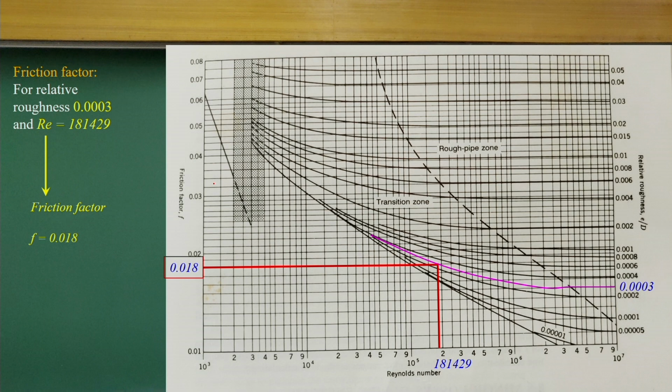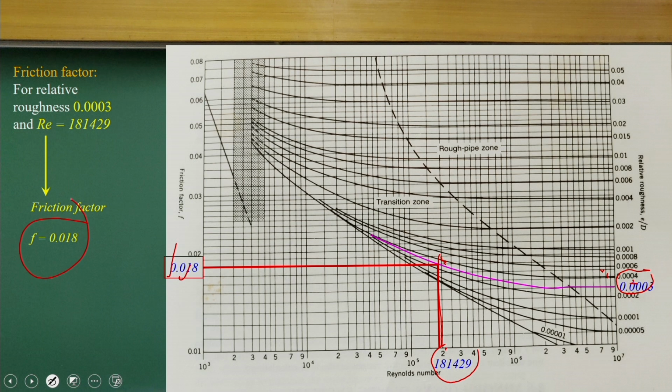It's very easy. You identify which curve to follow with respect to the relative roughness, and if the curve is not there exactly, we can interpolate, know the Reynolds number, and then get the friction factor f.